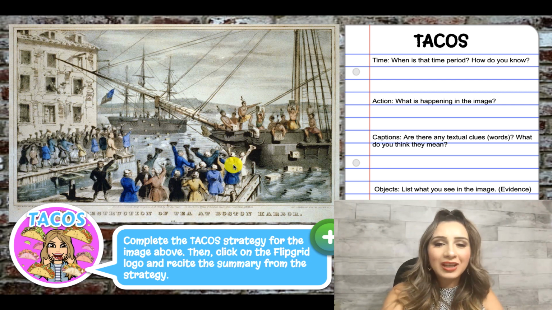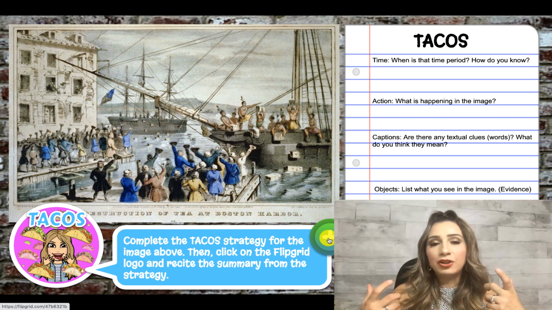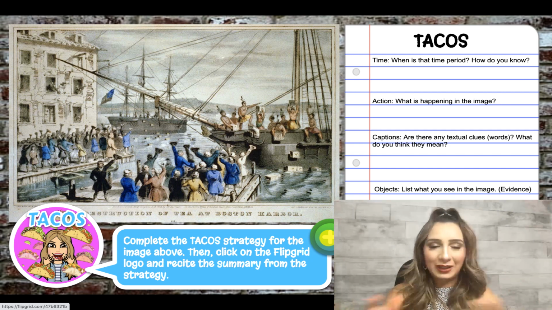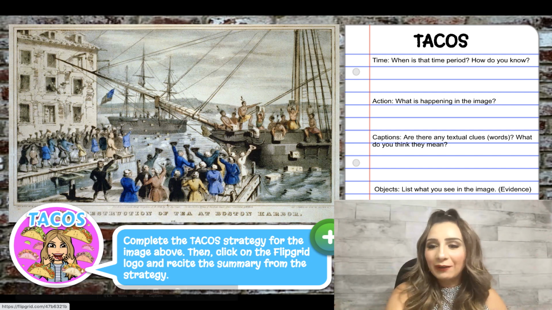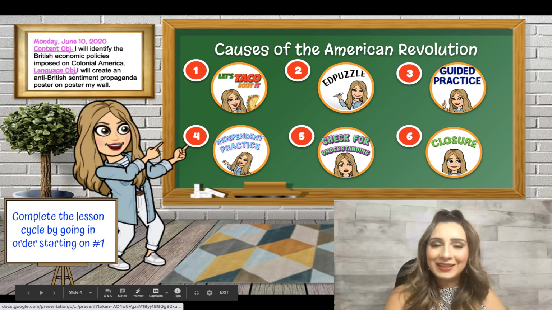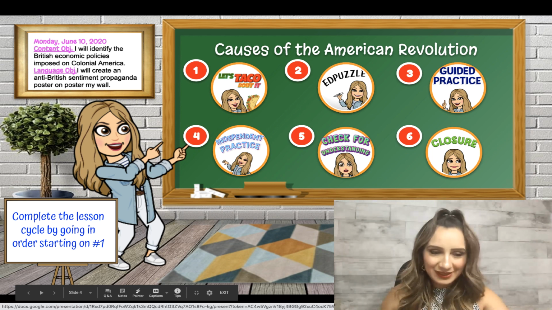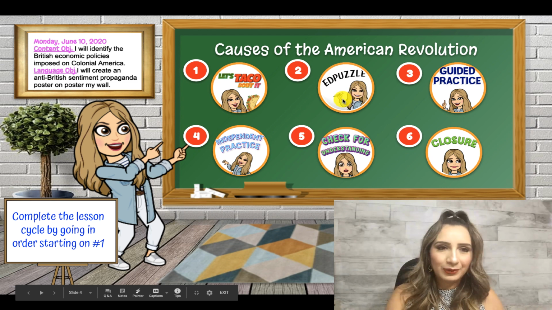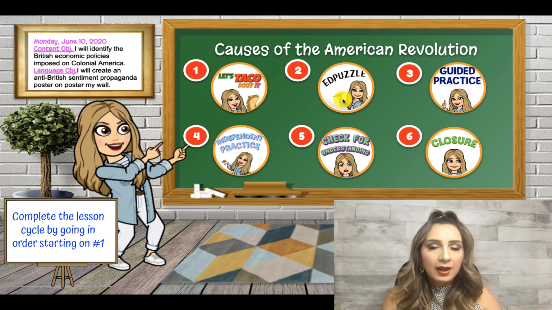And then of course, I'm going to use Flipgrid here to do my reflection and my summary of it. And so I get to choose image 1, 2, or 3. And so after that, we're going to go home and it's hyperlinked back to this slide. And then we're going to go to Edpuzzle. And here I would hyperlink this to a video on the causes of the American Revolution.